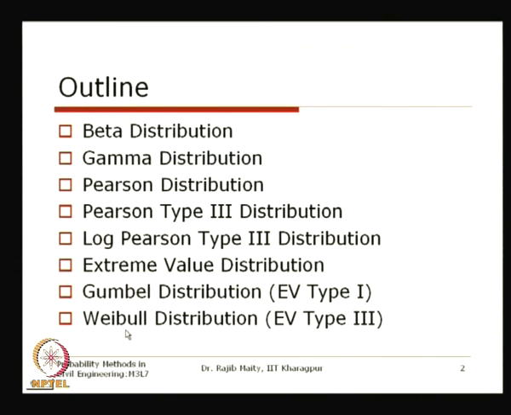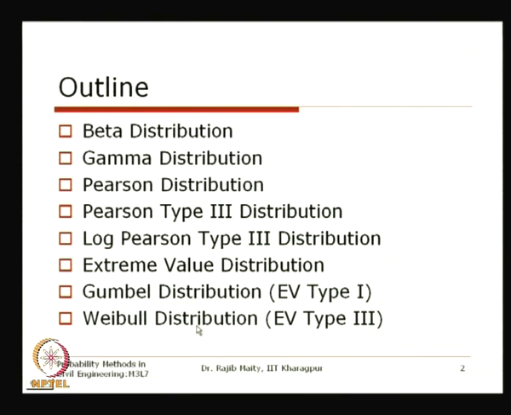We will also cover the general Weibull distribution as well. Extreme value type 3 is related to the reverse Weibull distribution, and the Weibull distribution will also be covered in this lecture.